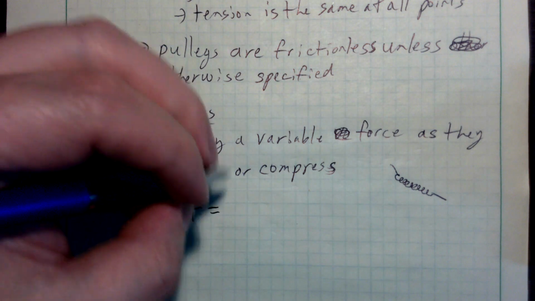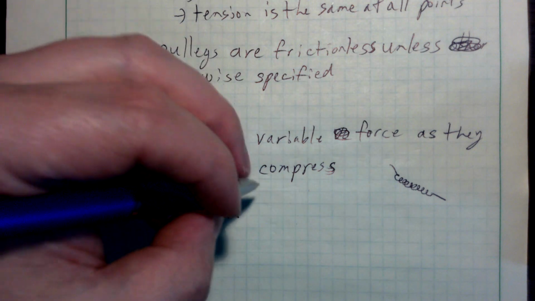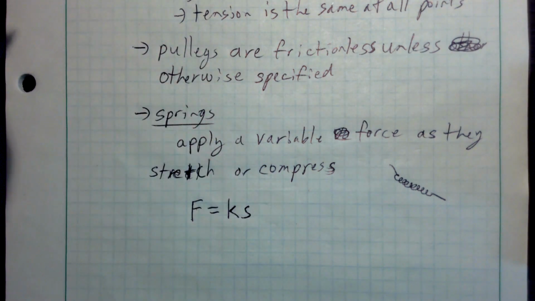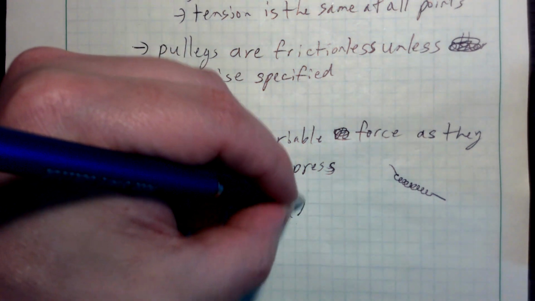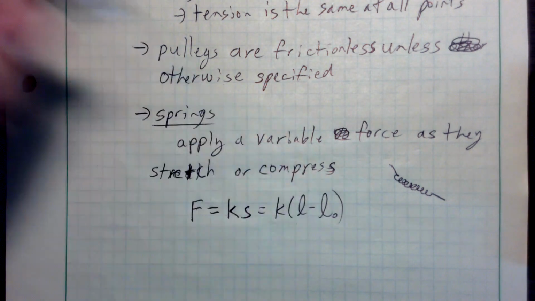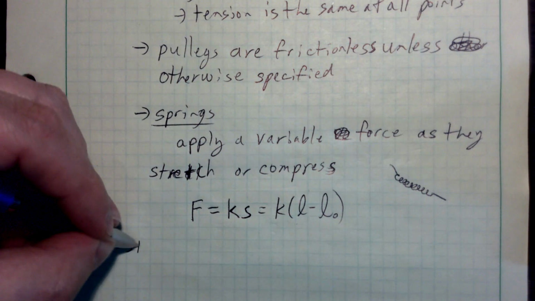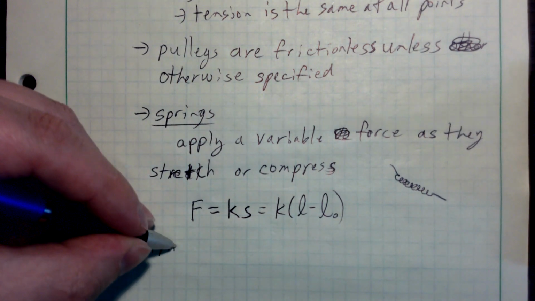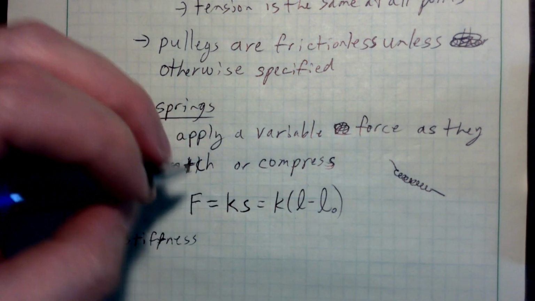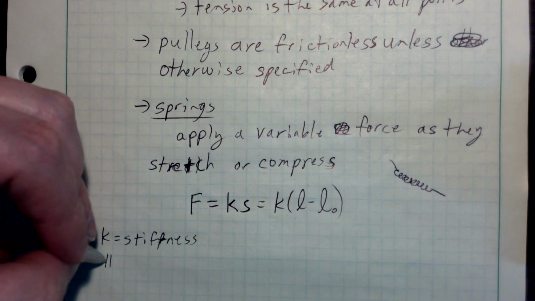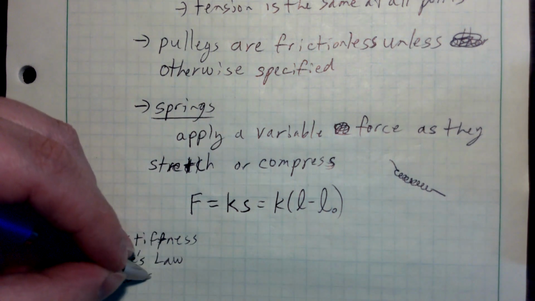The force applied by a spring is going to be proportional to what we call K multiplied by S, which often is going to be K times L minus L naught. And K is essentially often referred to as the stiffness, or sometimes called the Hooke's law constant.